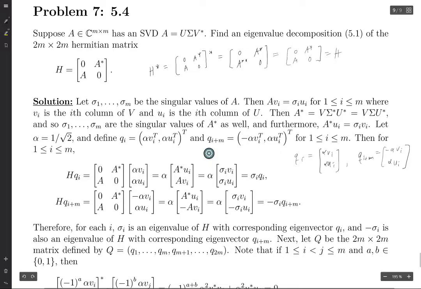And of course, each of these Qi is a vector in C^2m. So the first m entries are given by alpha Vi, and the second m entries are given by alpha Ui.